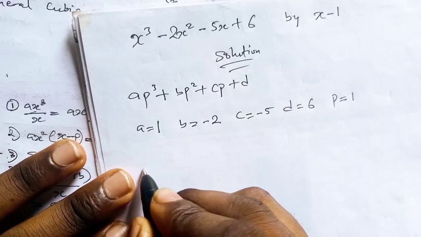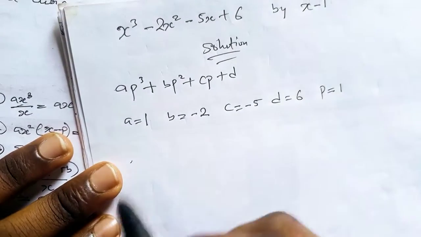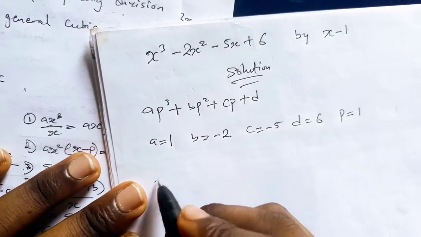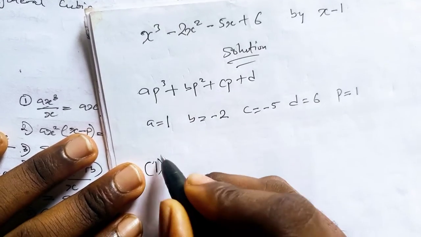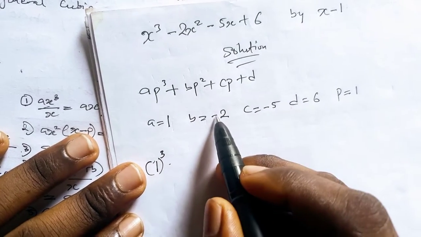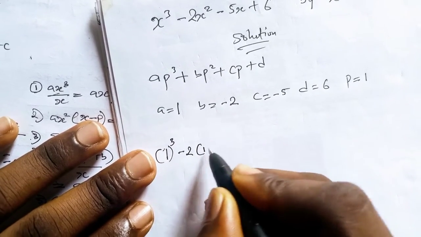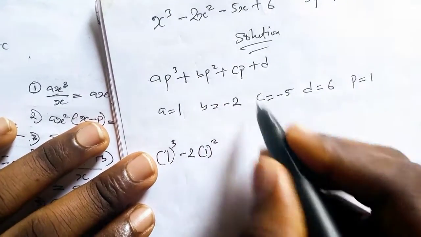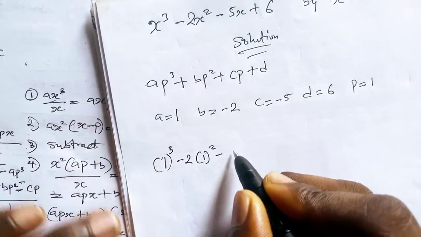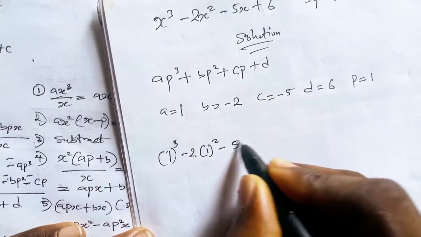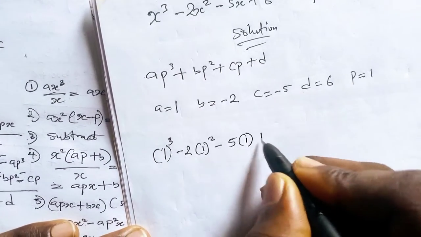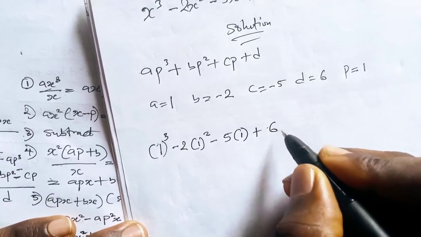Now, we have our p to be 1, which is 1 cube, and our b is negative, so I'll have negative 2, 1 square. Our c is also negative, I'll have negative 5 multiplied by 1 plus our d is 6.